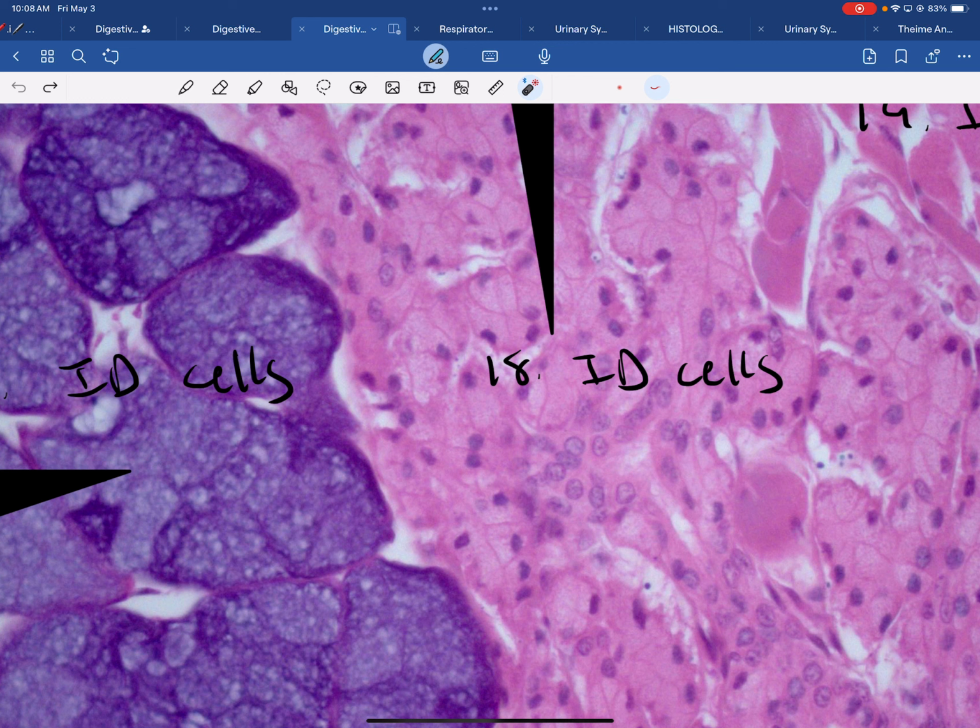And then what's inside of this serous fluid? Saliva? It has to combine with the mucus to make saliva, but what kind of enzymes? Lysozyme?